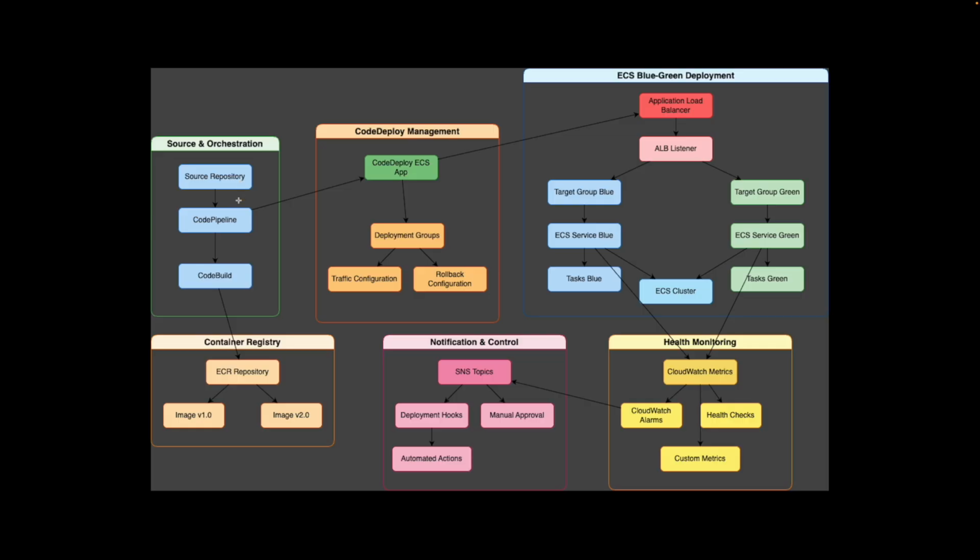CodePipeline orchestrates the entire deployment, and CodeBuild compiles our Docker images and pushes that Docker image into our ECR repository. In this ECR repository, we have multiple versions of our image, and there is one latest image which will be deployed on ECS. Only latest will be deployed on ECS.